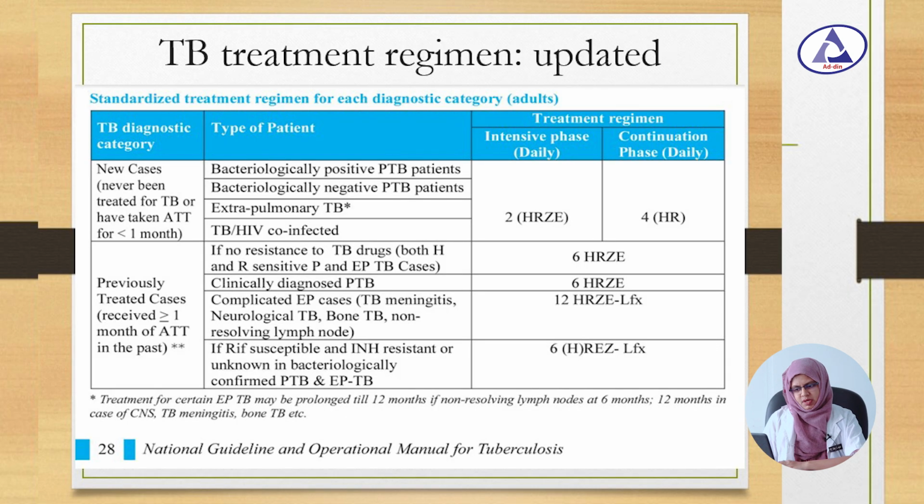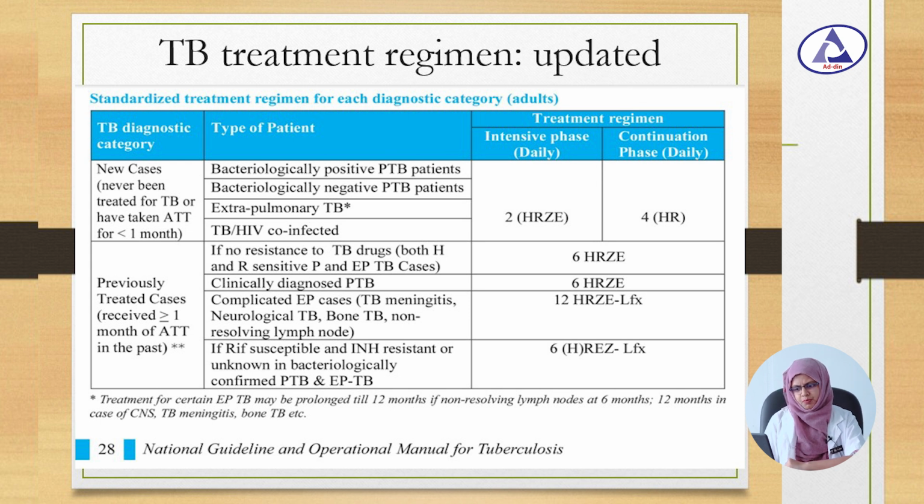TB treatment regimen according to national guideline: category 1 in case of a new case, initial phase 2 FDC as isoniazid, rifampicin, pyrazinamide and ethambutol, 4 FDC for 2 months, and continuous phase 2 FDC as isoniazid and rifampicin for 4 months.